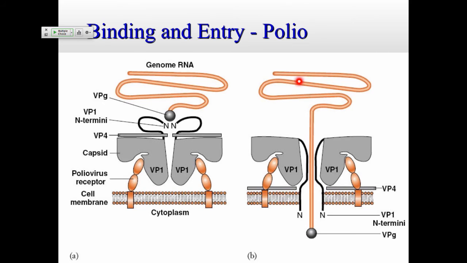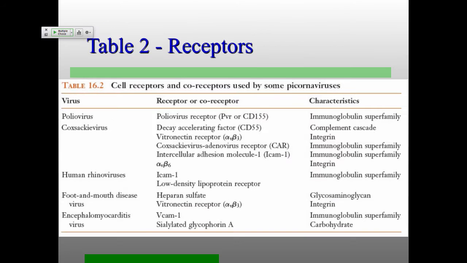That protein is covalently linked to the genome, so that genome comes inside the cell. So again, very, very similar to what's happening with bacteriophage, the idea of making a hole in the membrane and the genome getting poked through it.